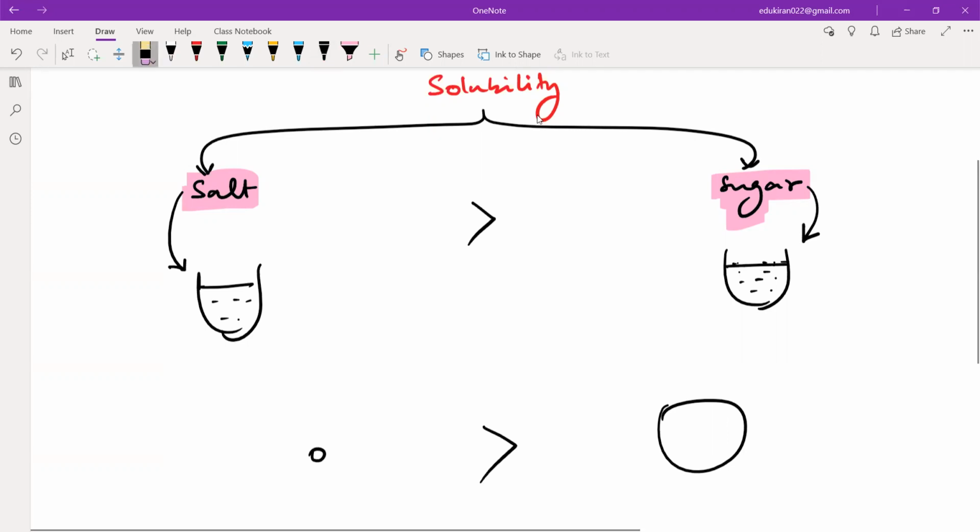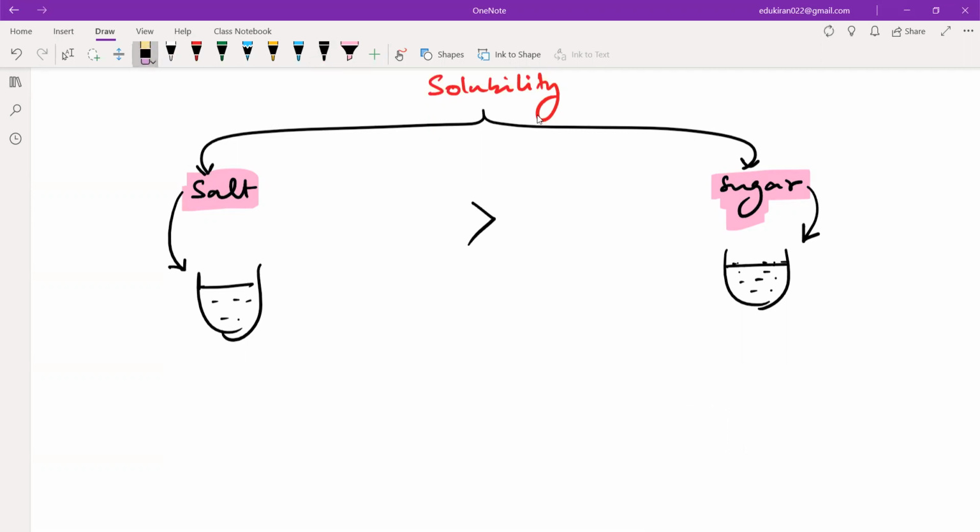Okay, fine. So this is what we are going to talk about in solubility. Solubility means the maximum amount of solute that can be dissolved in a fixed amount of solvent.